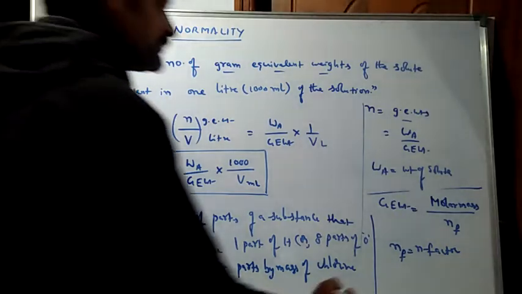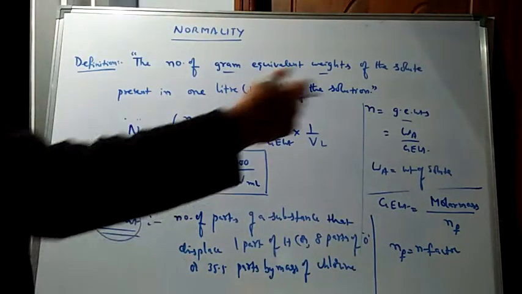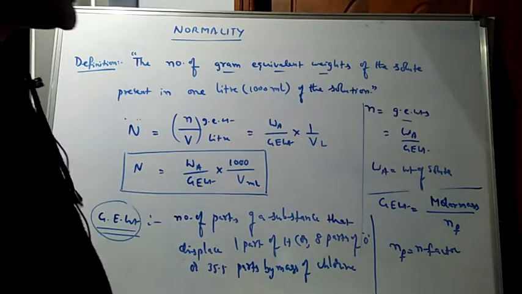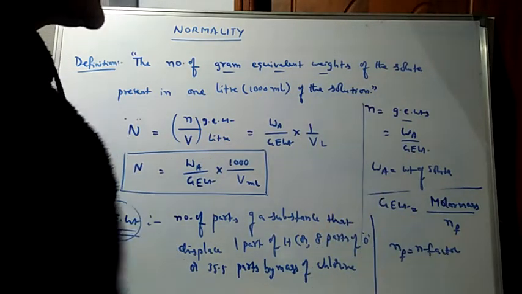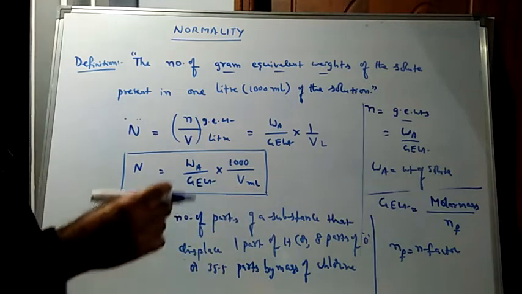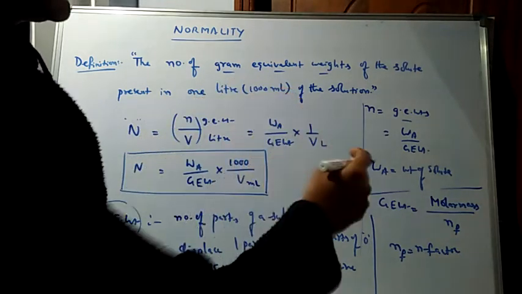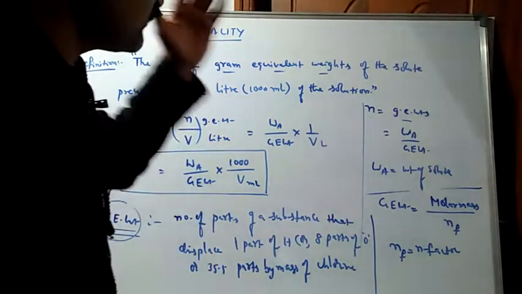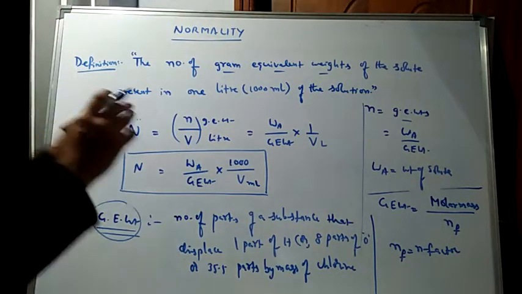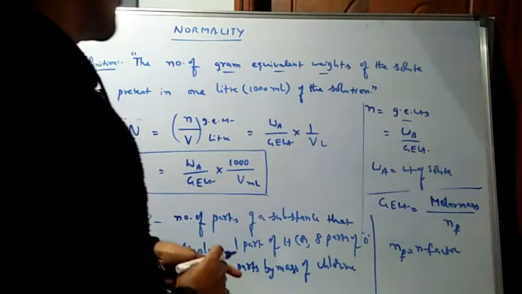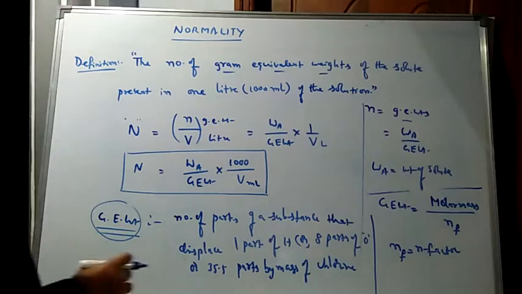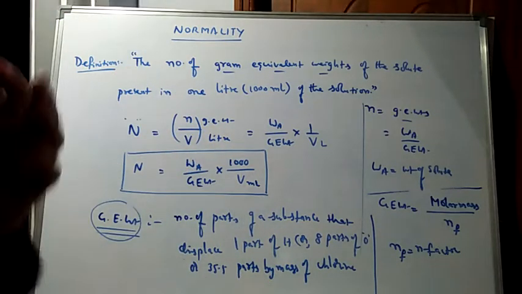The n factor may be acidity for bases, or basicity for acids, or the number of electrons transferred in a reaction. That is called the n factor. We will have clear detail about the n factor for a particular substance in the coming discussion. Okay, this is a clear picture about what is normality.